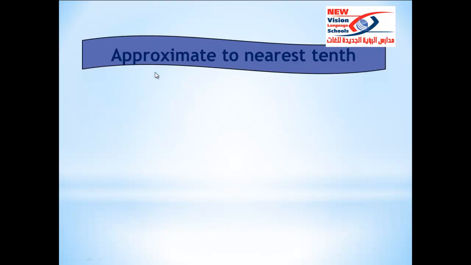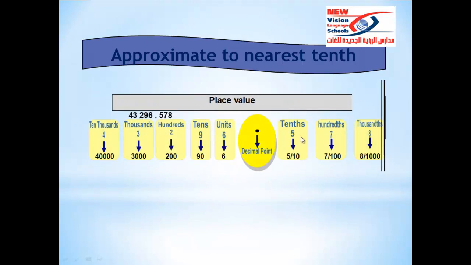First, approximate to the nearest tenth. I told you before, tenth means the first digit after the decimal point. Approximate to the nearest tenth, he wants the whole number with only one digit after the decimal point.